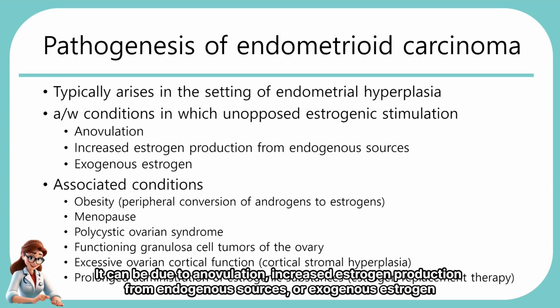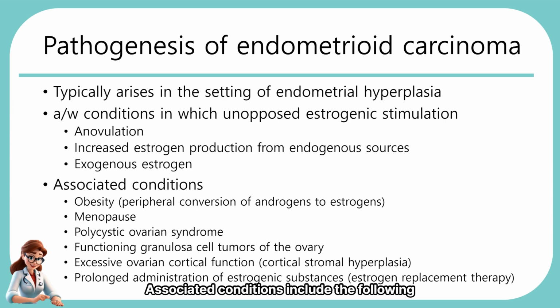It can be due to anovulation, increased estrogen production from endogenous sources, or exogenous estrogen. Associated conditions include the following: obesity, menopause, PCOS, granulosa cell tumors, excessive ovarian cortical function, and prolonged administration of estrogenic substances.